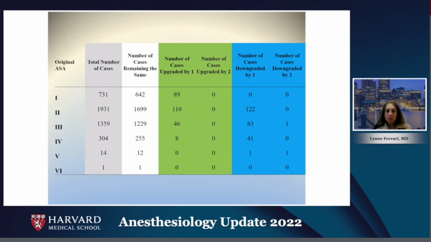For ASA 2s, 110 were upgraded, 122 were downgraded. And as we continue to use this, we'll do this kind of analysis to see how patients are upgraded or downgraded. But our hope is that once people become more familiar with the pediatric specific definitions, they will be accurate the first time around in their prediction.